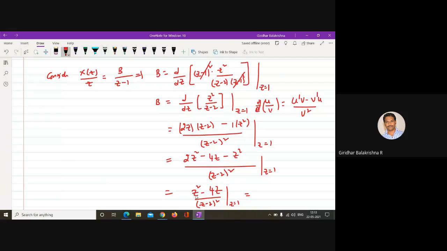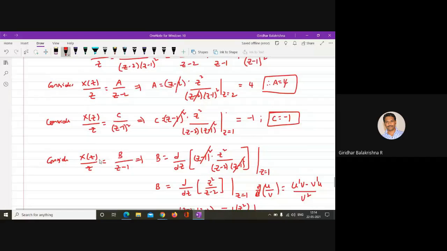So if we substitute, 1 minus 4 is how much? Z square is 1, minus 4. 1 minus 4 is minus 3 by, this is minus 1 whole square, which is 1. Therefore, the value of b is how much? Minus 3. So like this, you need to find the value of b.